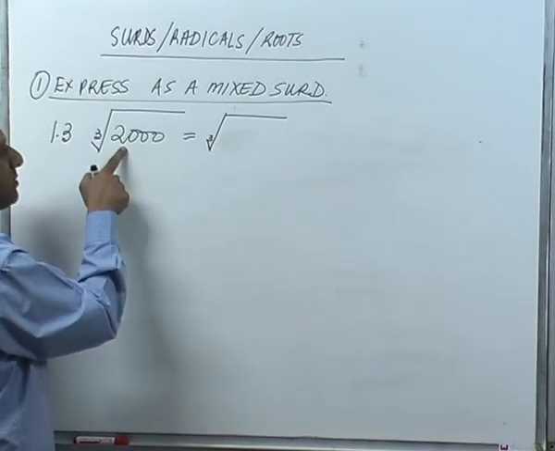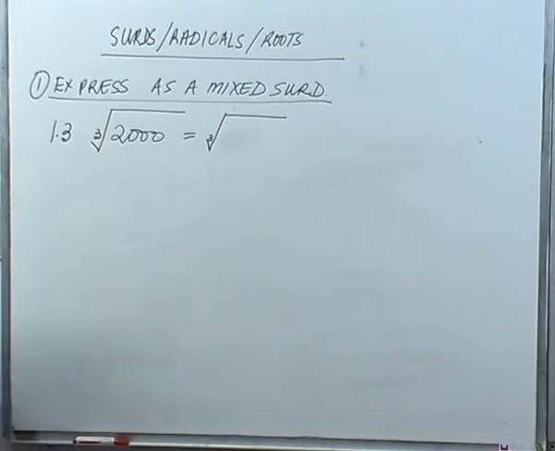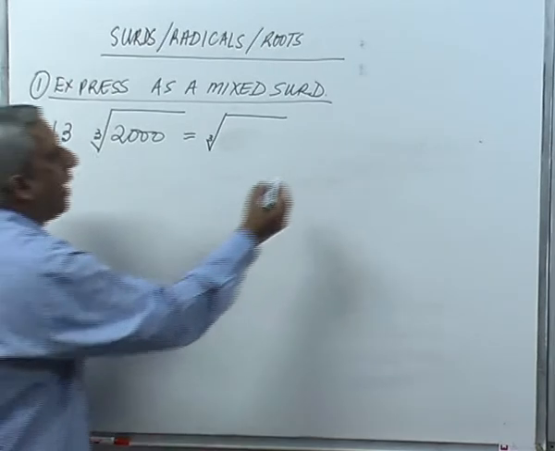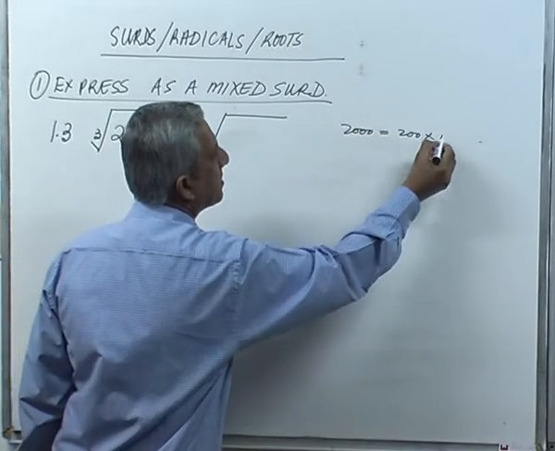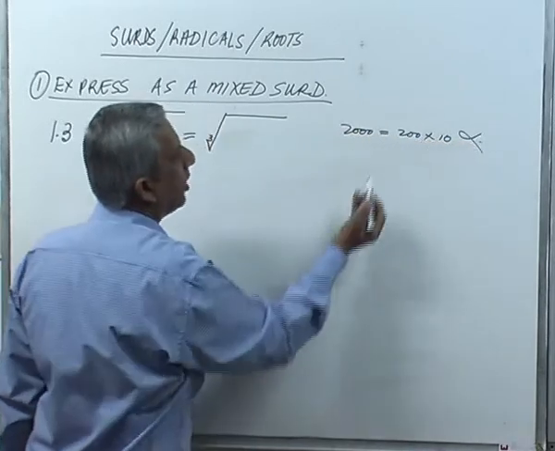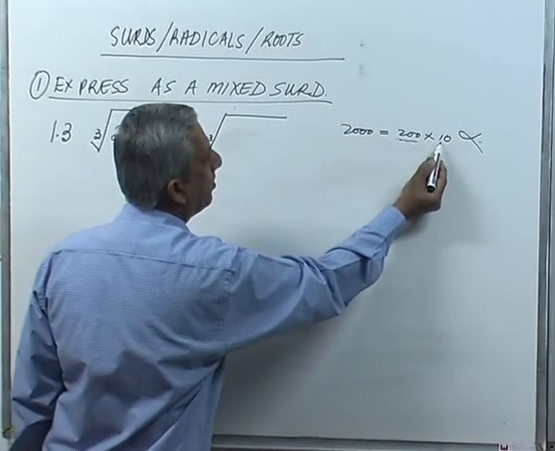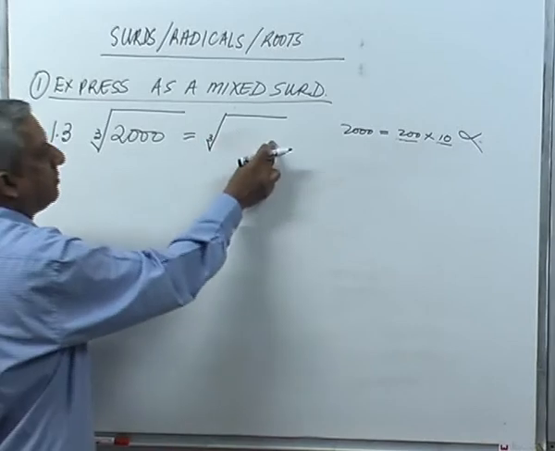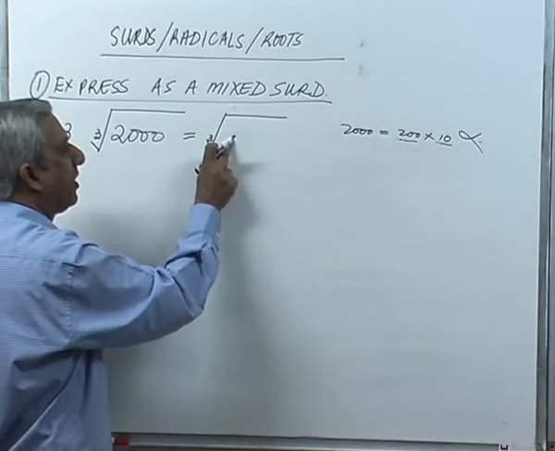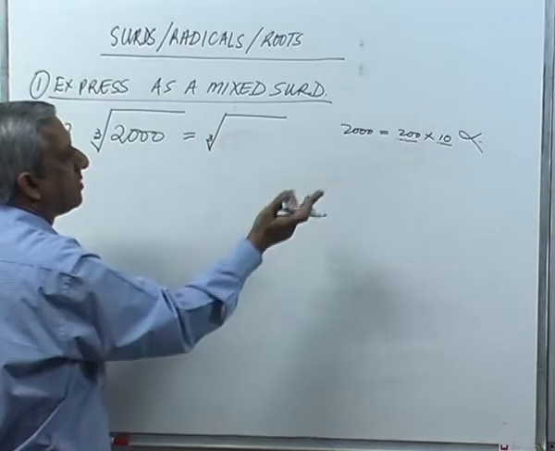And one of those factors must be the biggest possible perfect cube. You see, I can say 2000 is 200 times 10. This is no good because this is not a perfect cube, this is not a perfect cube. We want to put two numbers here. One must be a perfect cube and the other one, it doesn't matter.